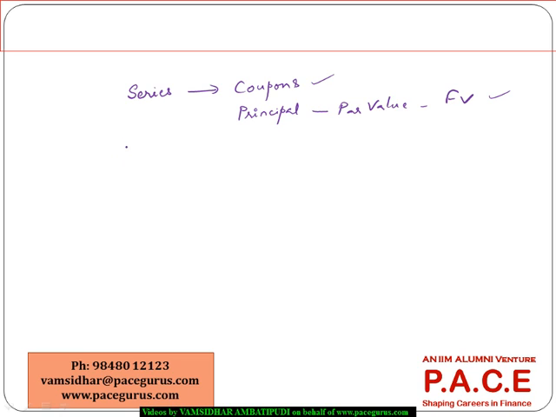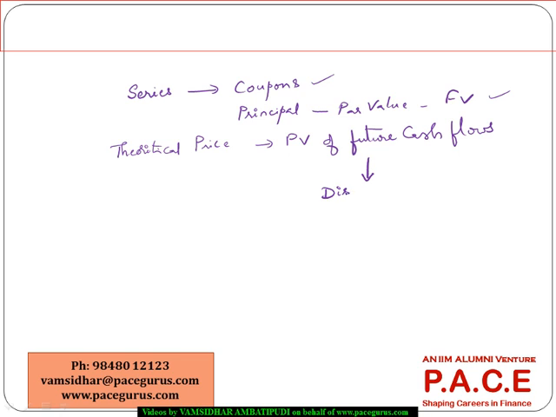Especially if I want to find out the theoretical price of the bond, we generally take it as the present value of future cash flows, right? So here comes the problem. When I am talking about the present value of the future cash flows, what is the discounting rate that I have to use to compute the present value?